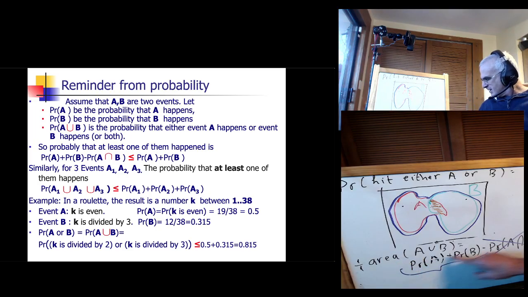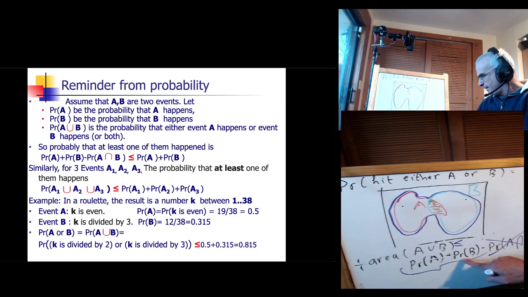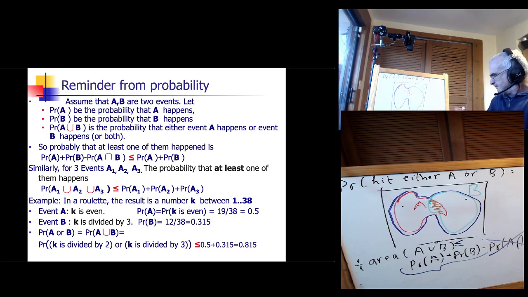Obviously this one is larger. So if I delete the correction, then the probability that either A happens or B happens is smaller than or equal to probability of A plus probability of B.